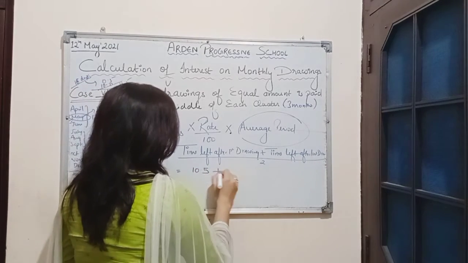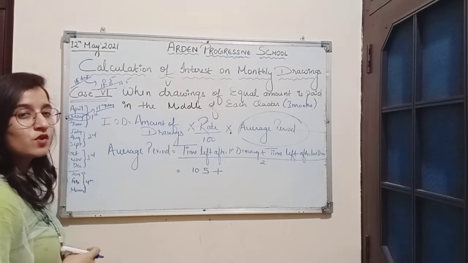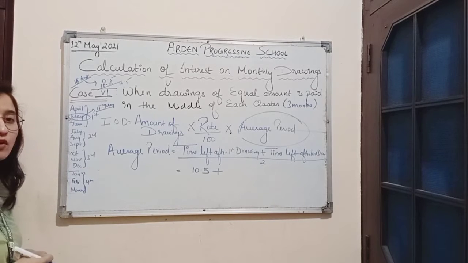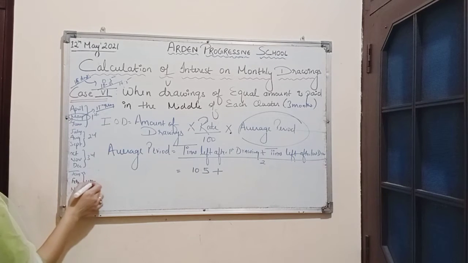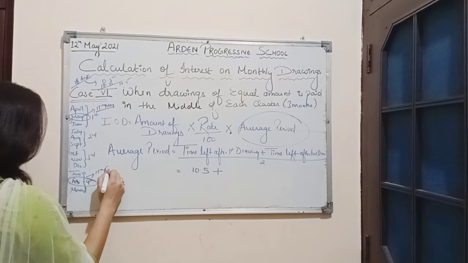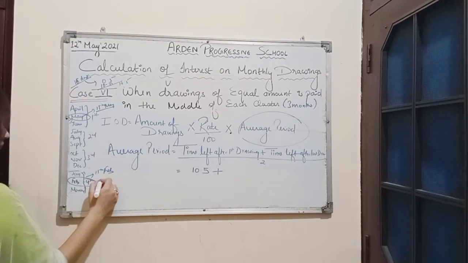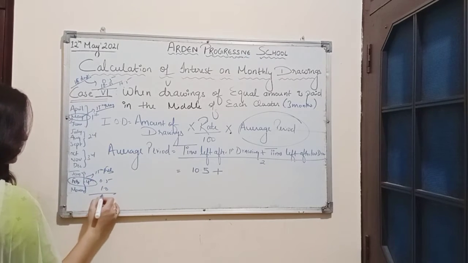So the time left after first drawing will be 10.5 months, and now the time left after last drawing. The last drawing will be withdrawn in the middle of the last quarter, which will be on 15th of Feb. Now the time left after last drawing will be half of the month of Feb and 1 month of March.